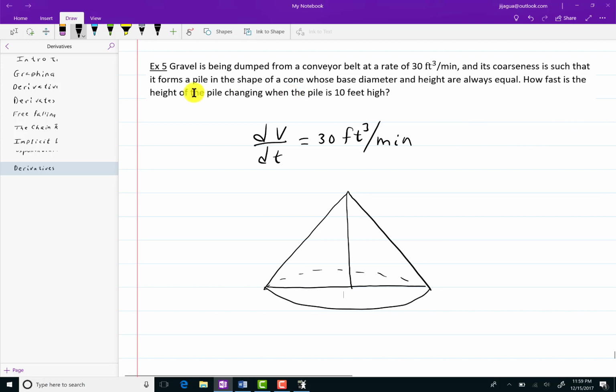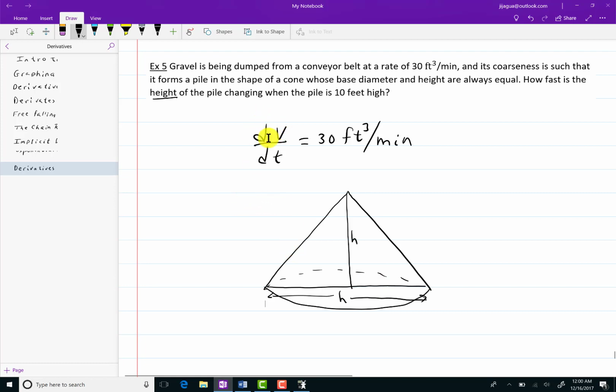It says how fast is the height of the pile changing. So I think I'll call this h, and then I'll call down here h. But that's really not what I'm going to do. I'm going to have an h versus h over 2 thing. Well, actually, maybe not. Let me see.